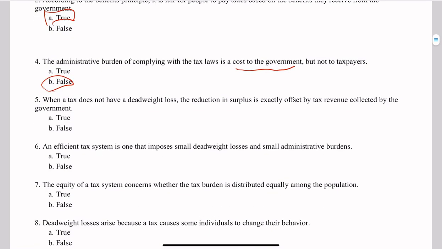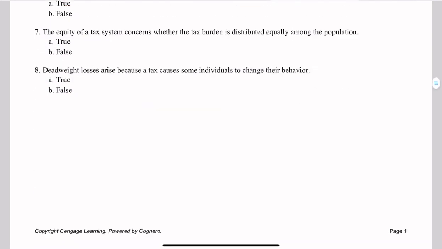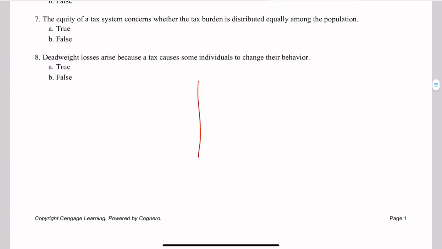Fifth, when a tax does not have deadweight loss, the reduction in surplus is exactly offset by tax revenue collected by the government. Well, this one is harder, right? The correct answer for this problem is that this statement is correct. Now, let's look at this very old picture.